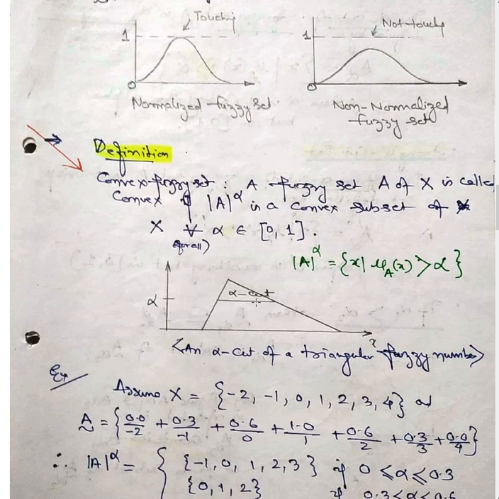That means it will take the upper part. If alpha is 0, then it will consider the whole membership function. If alpha is higher, it will take only the upper values.